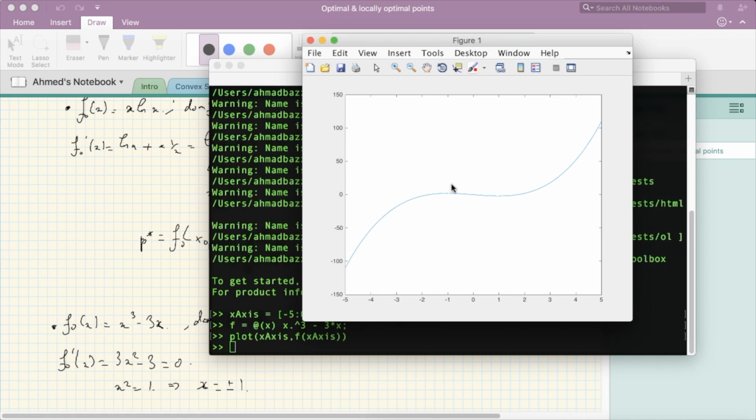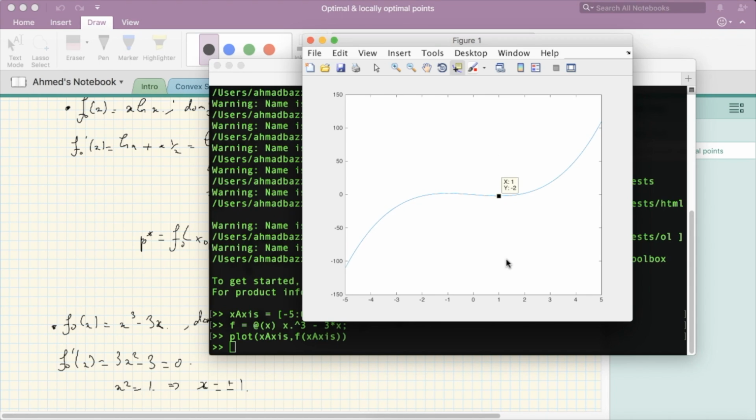So if I take a look at those 2 points, minus 1 and 1, indeed they're not the optimal points, because clearly there's a point right here, which is minus 5, that is minimizing my function more and more. That means minus 5 is doing better than minus 1 or plus 1. So if I grab my data cursor and place it at 1, we have minus 2.